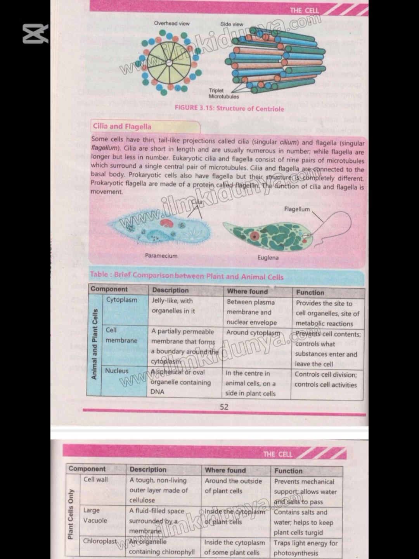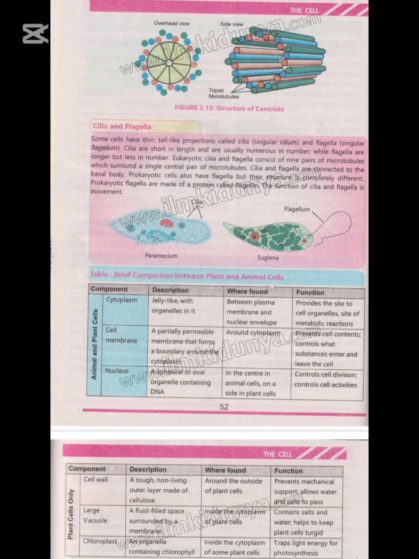After that, what is the main function? It provides mechanical support, and it allows water and salt to pass through it. It is semi-permeable. After that, we have the large vacuole in plants. I have told you earlier, plants have a large central vacuole, and it contains fluid that is known as cell sap.